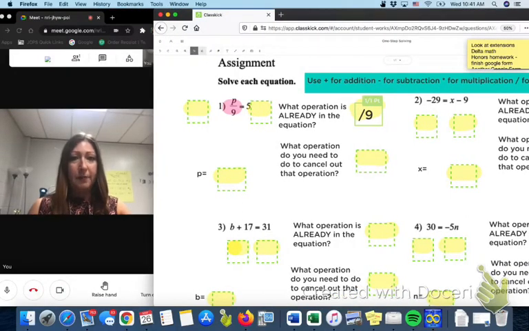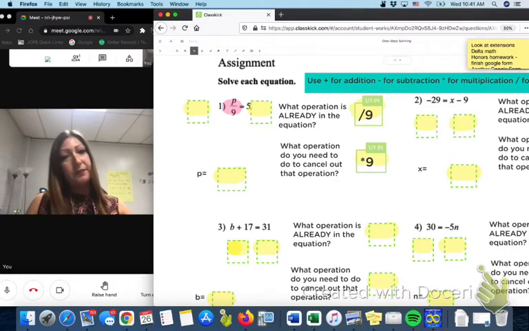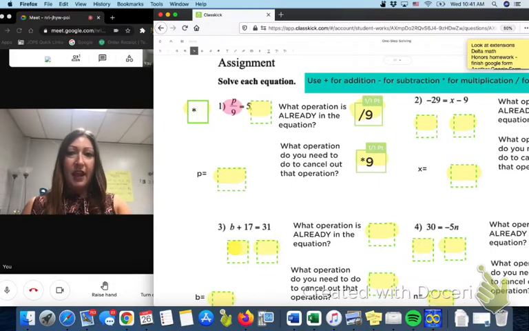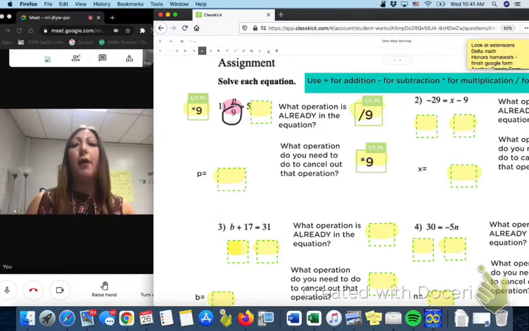So I'm going to type in the box the little star on my keyboard, 9, because I'm going to multiply both sides by 9. How am I going to actually solve this equation? I am going to cancel out this dividing by 9, and I'm going to do it by multiplying by 9.